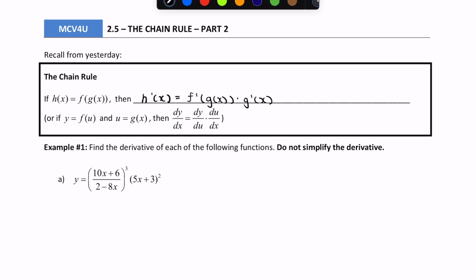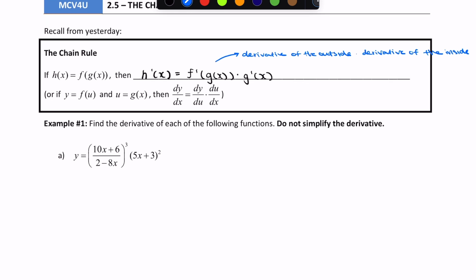So really, when we looked at it, it was the derivative of the outside times the derivative of the inside. Or if we look at it here, for y is equal to f of u and u is equal to g of x, then dy over dx is equal to dy over du times du over dx.